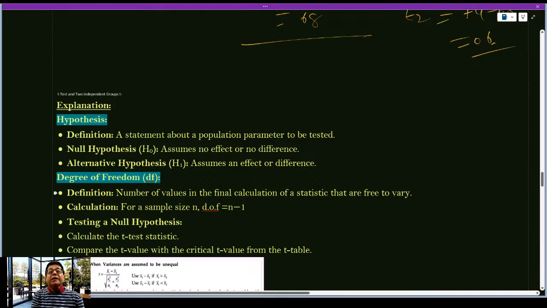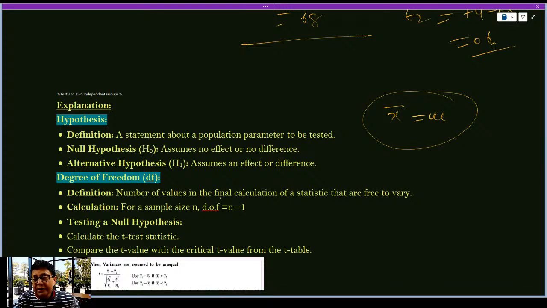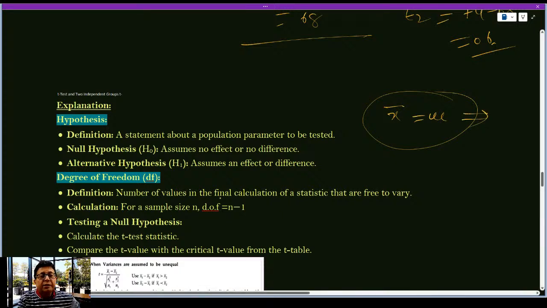I got the mean x bar. Can I say that x bar equals mu? When you say that x bar equals mu, that will be the null hypothesis, where we don't find any point of rejecting the statement. So that's why this will be considered the null hypothesis H0.